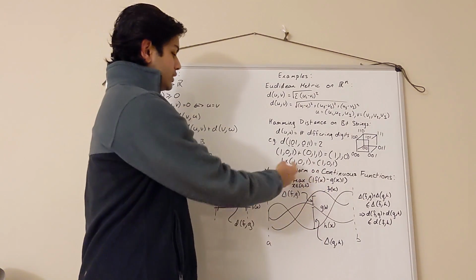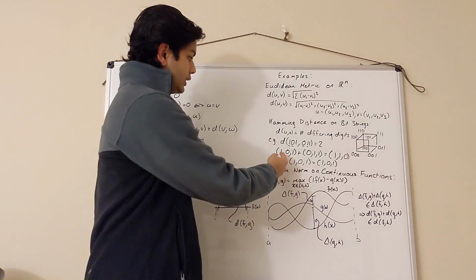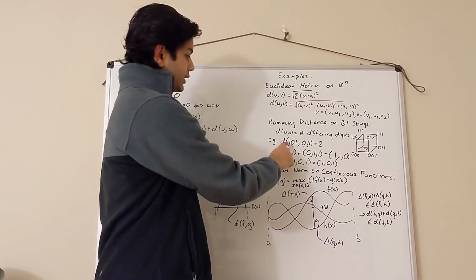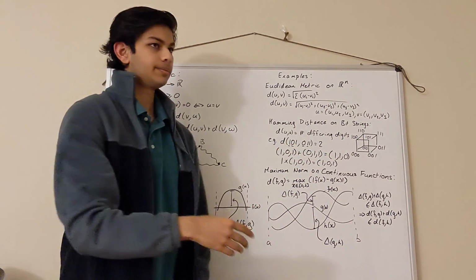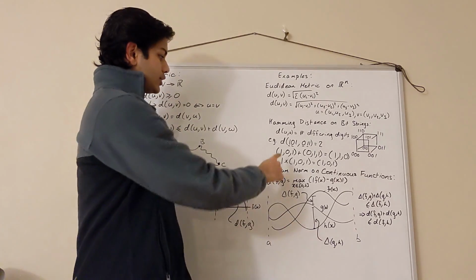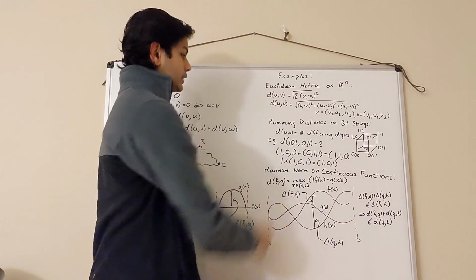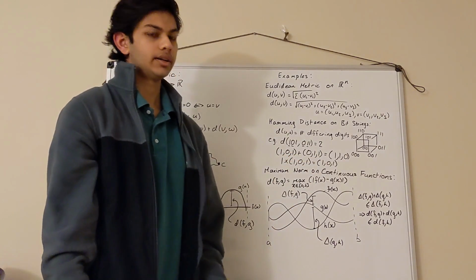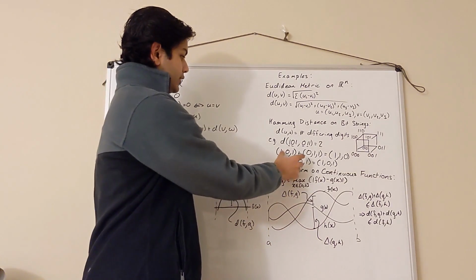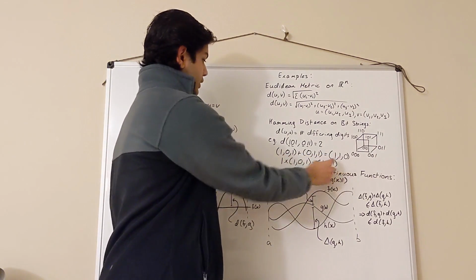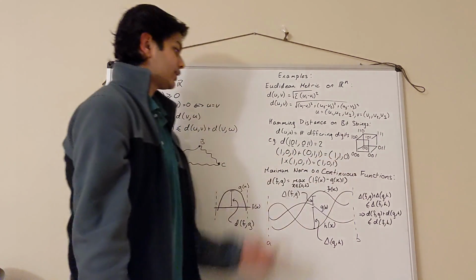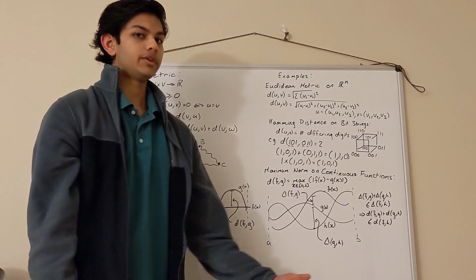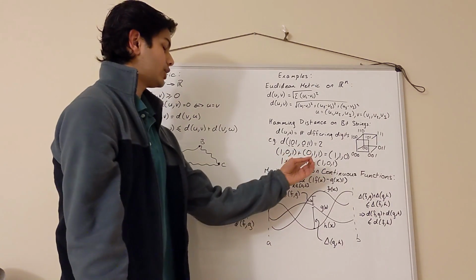And so addition is just component-wise addition. So you can think of these bitstrings as being vectors. So this is a 3-dimensional vector, but the elements are integers mod 2. And so here you have 1 plus 0 is 1, 0 plus 1 is 1, and 1 plus 1 is 0.